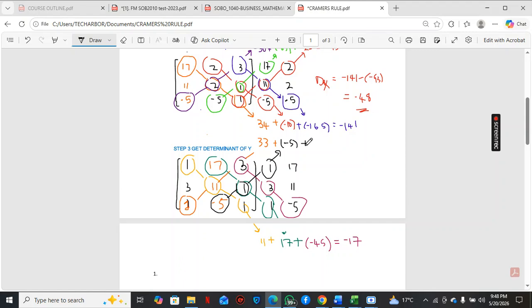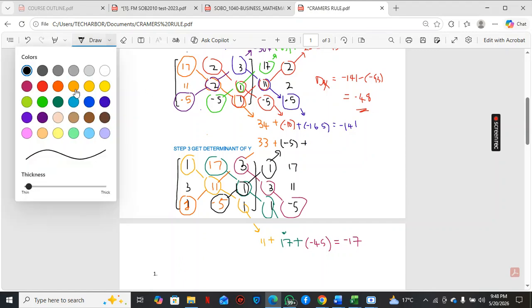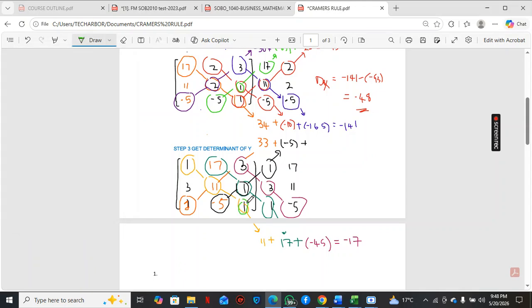Plus 1 times 3, that is 3. 3 times 17, that is 51.